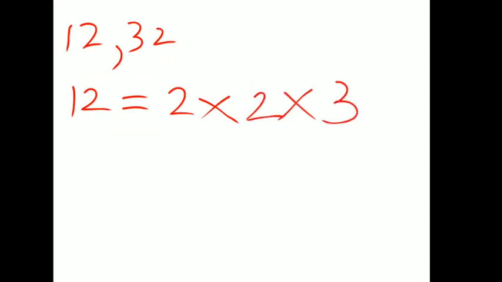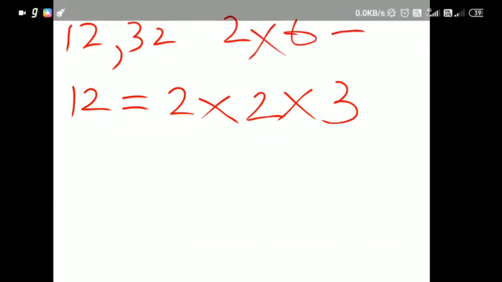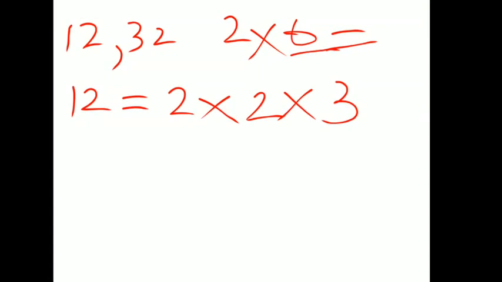This is the way to write whenever you are finding the common factors. You can write 2 into 6 also, but instead of writing 6, you have to write it elaborately, or break the number also. 2 into 6 was actually 12, right? So 6 we have to break into 2 into 3 form. You have to do it in such a manner.